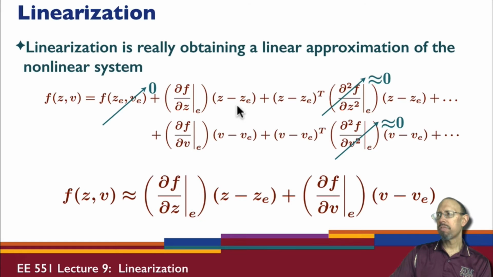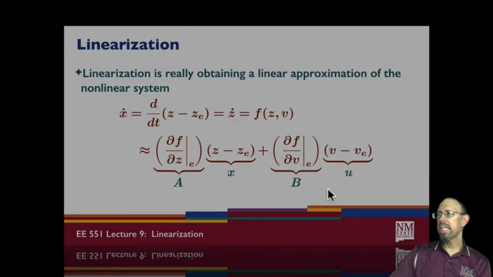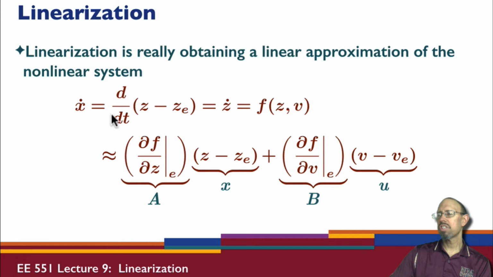So we're only left with the first derivatives. And so we can write f of z and v as approximately equal to this. This is the approximation we make. Remember, when we take the partial of f with respect to z, we're getting a matrix. We evaluate at equilibrium, in which case this becomes a constant matrix, or maybe a function of time. Similarly, f with respect to v also becomes a matrix. So we're just obtaining a linear approximation of the nonlinear system.